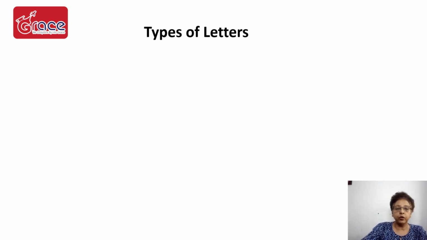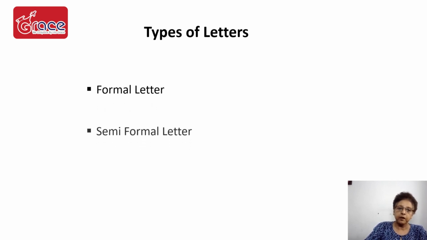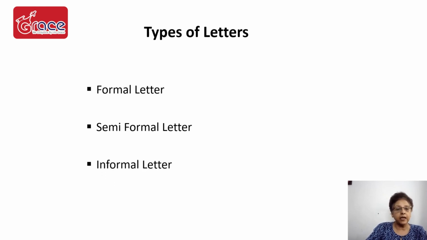Let's have a look at the types of letters. We've got a formal letter, a semi-formal letter, and an informal letter. Now, what is the difference between these different types of letters? A formal letter is usually written to a person of seniority.